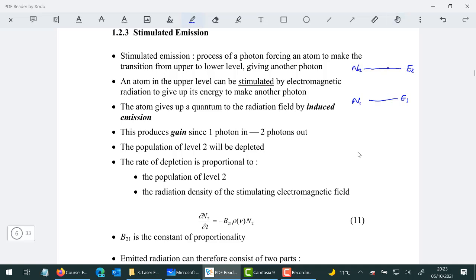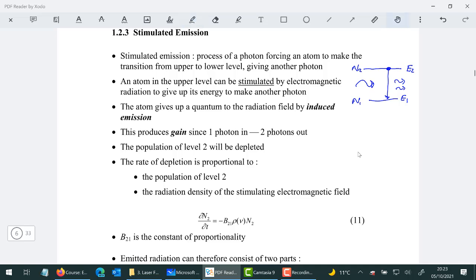And now we start off with an atom in level 2, and we have a photon passing by that atom, and if it's close enough to the atom, and we'll come back to what we mean by that a bit later, to interact with it, then it can force the transition from level 2 into level 1, and we end up with 2 photons.